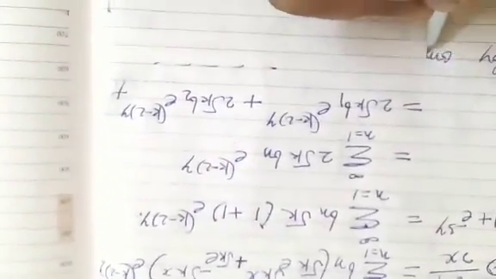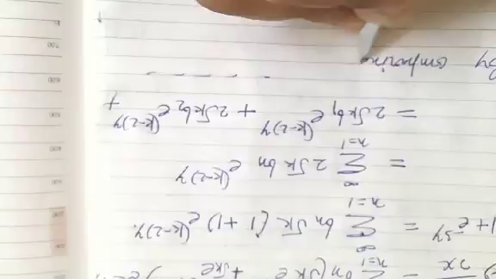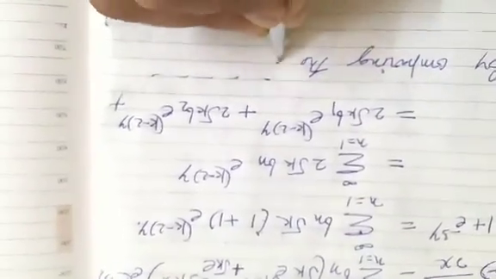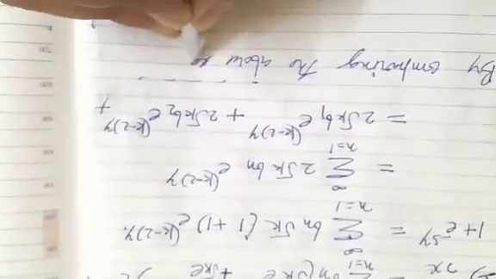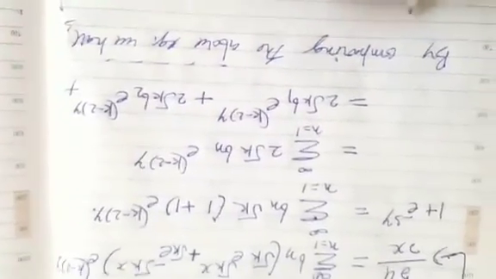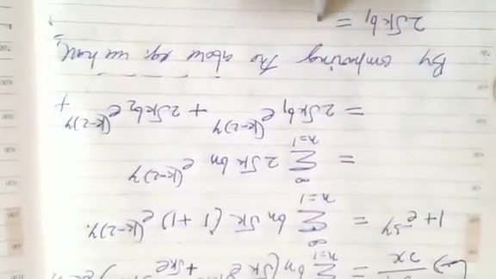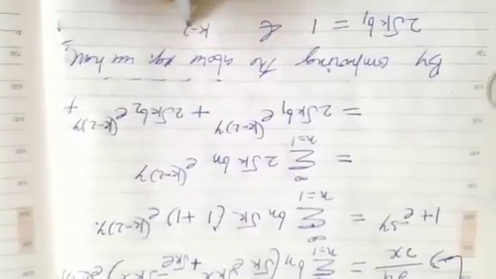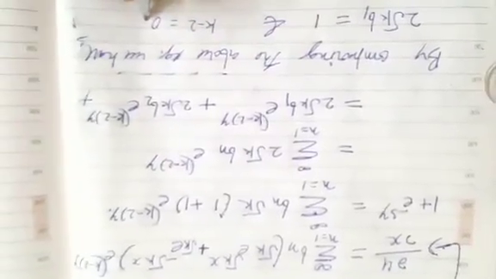So by comparing the above equation, we have 2 under root k b1 is equal to 1 and k minus 2 is equal to 0.